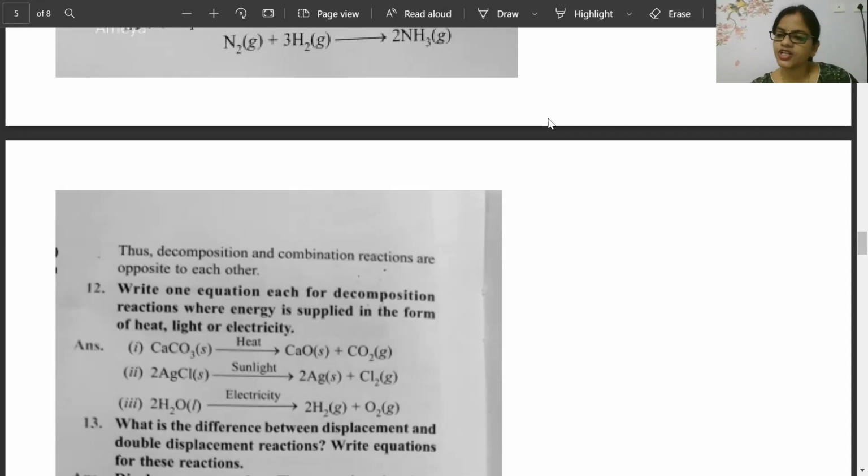Double displacement, exchange of ions. Displacement, of less reactive element by higher reactive element. Okay, Saranya has given the answer. Write equation of these reactions also.